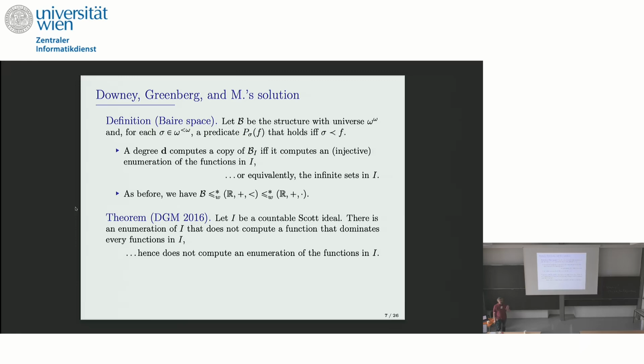So for computable, listing the functions and the sets is the same. And for any non-Scott ideal, listing the sets and the functions is the same. But once your ideal has a little bit of closure, then they're different. Okay.